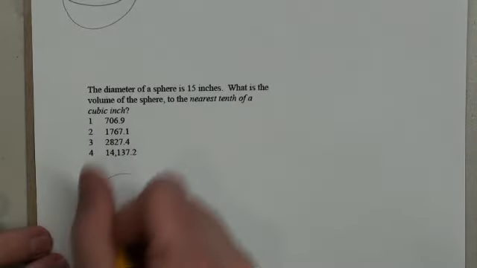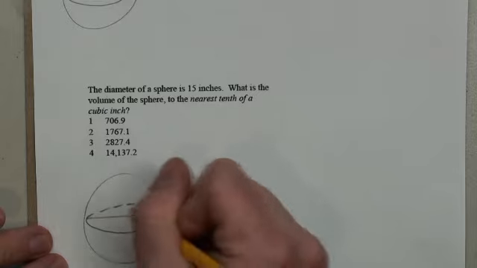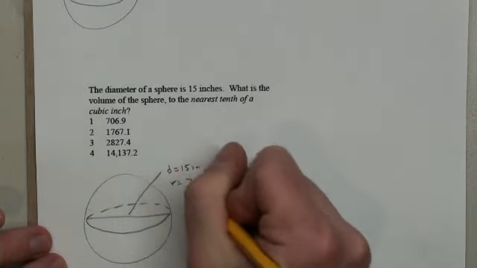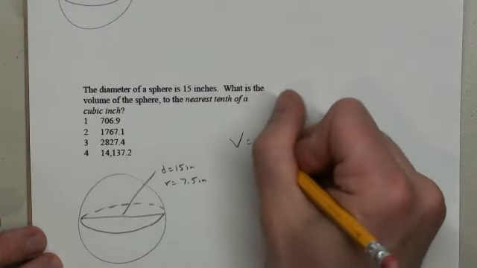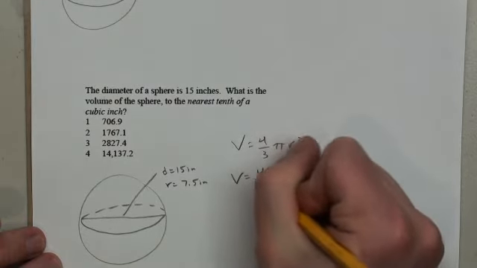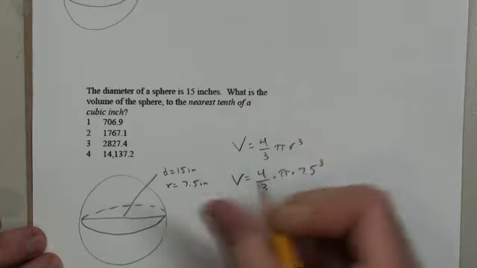The diameter of a sphere is 15 inches. They like to give this type of problem, huh? So then the radius is 7.5 inches. What's the volume to the nearest tenth of a cubic inch? 4/3 pi r cubed. 4/3 times pi times 7.5 cubed.